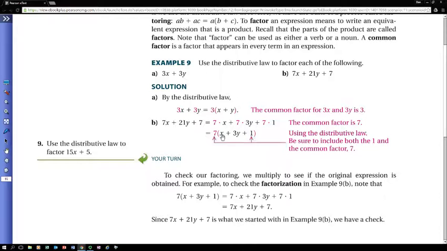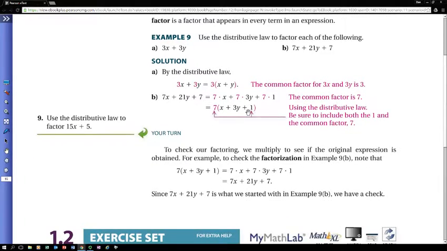Well, I need an x. And here I'd have to have a 3y to get 21y. And here's probably the part where I see a lot of errors. Well, to create this 7, I need to represent a multiplication or another term here, because really this is 7 times 1. So when I take this common factor out, or factor it out, I have to have a number to multiply by, which would be the identity, 1.